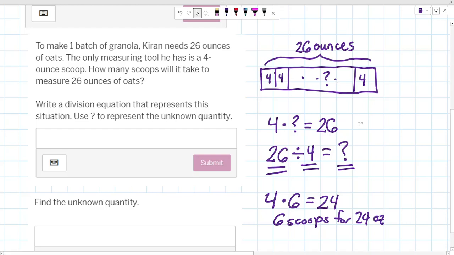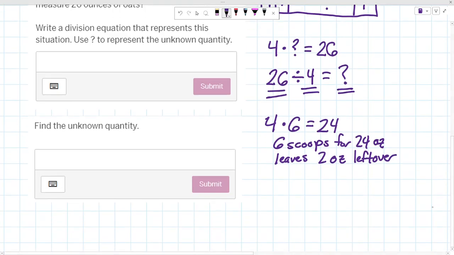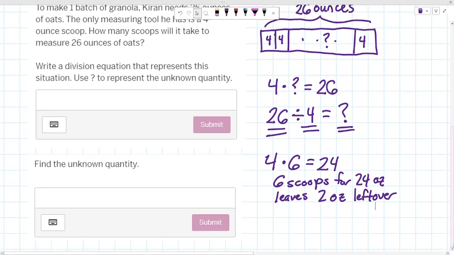And now we have 2 ounces remaining. So that leaves 2 ounces left over. So how many 4-ounce scoops are in the 2 ounces? So 2 ounces is half of 4 ounces.